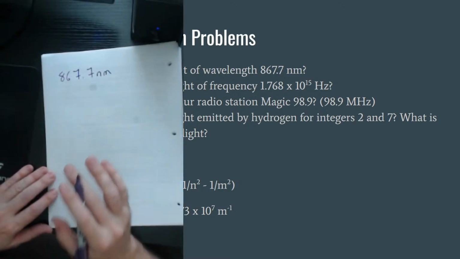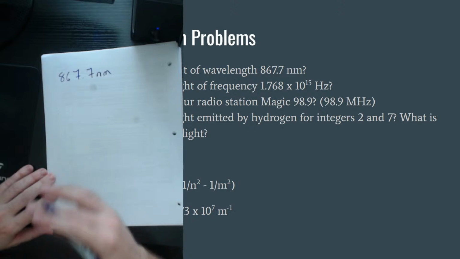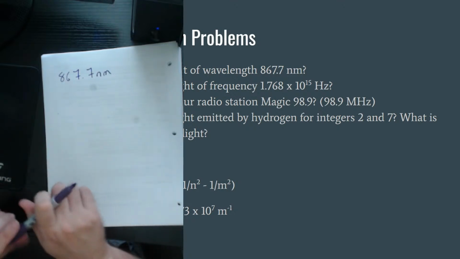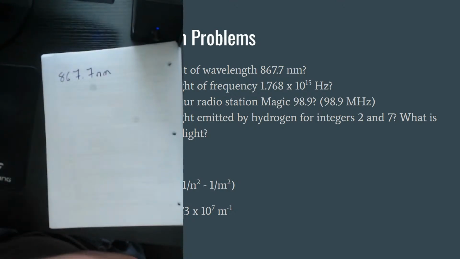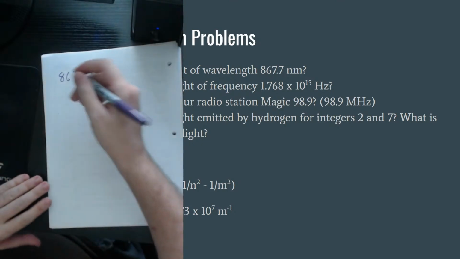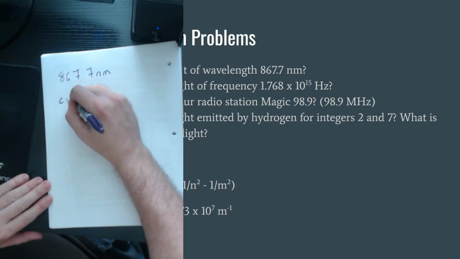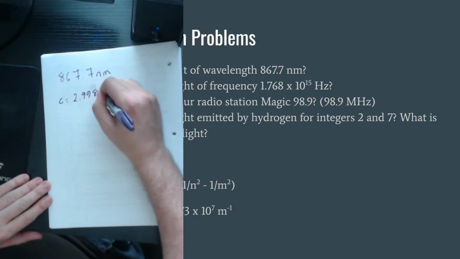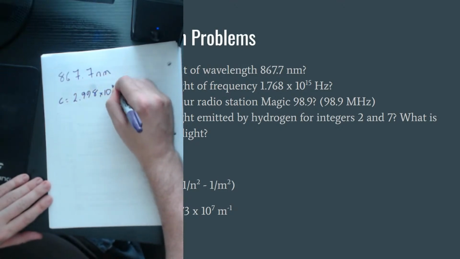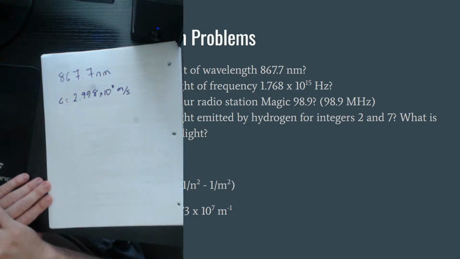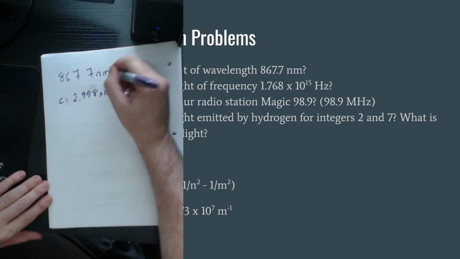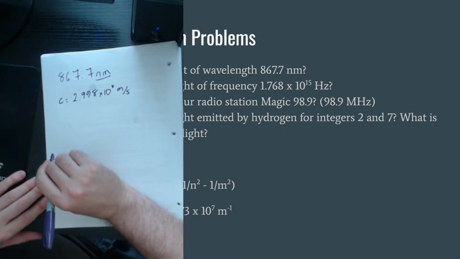Before you can do these problems, you have to remember you need your units to be the same. C is equal to 2.998 times 10 to the 8th meters per second. So if we're going to get frequency, we need to translate from nanometers to meters.